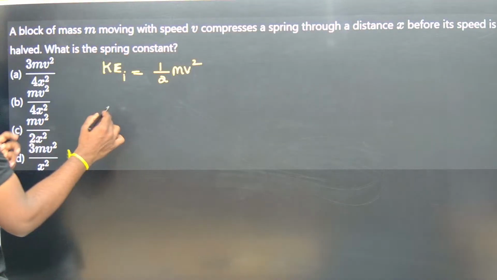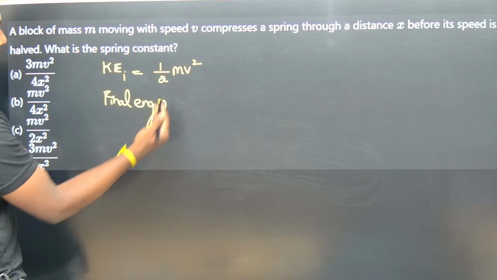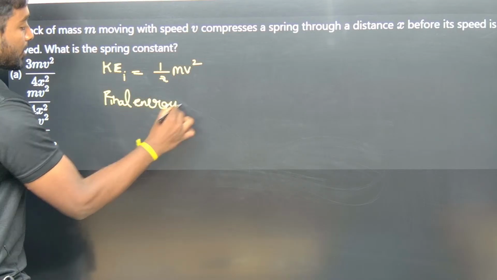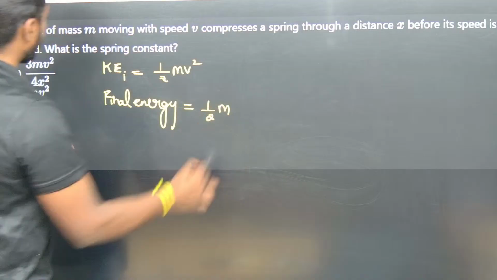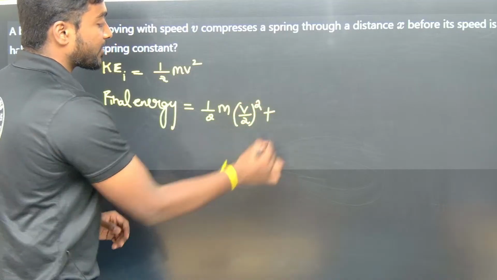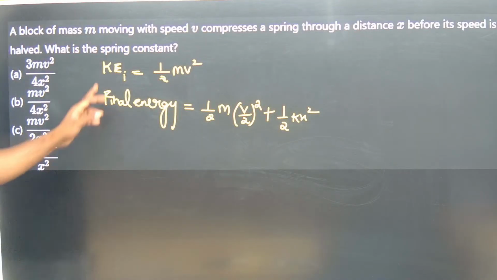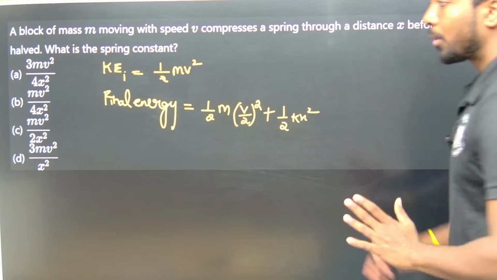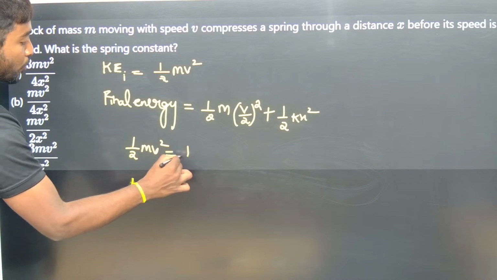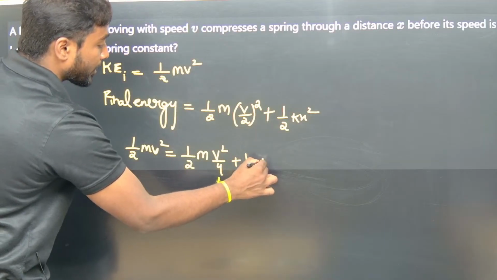So the final energy should be equal to 1 by 2 m, the velocity has become half, so v by 2 the whole square, plus 1 by 2 k x square. Initial energy was this one, final energy was this one. Now I can equate both energies: 1 by 2 m v square equals 1 by 2 m v square by 4 plus 1 by 2 k x square.